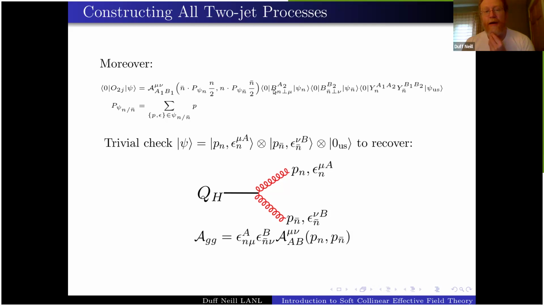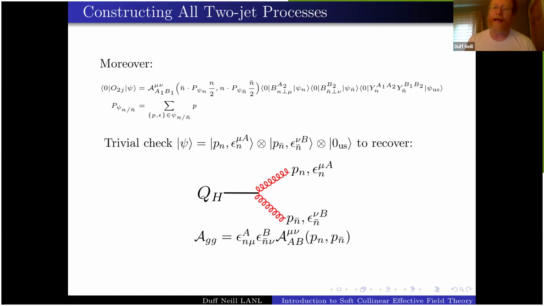In other words, each one of these collinear operators is just going to become my polarization tensor. My vacuum expectation value of my Wilson lines is just going to be a bunch of Kronecker deltas in my color indices. Everything will contract together nicely, and I'll just recover my Born level process with this trivial calculation.